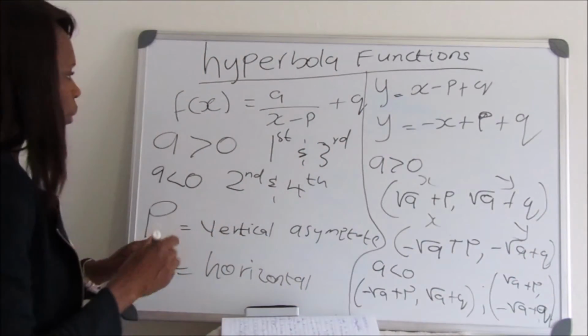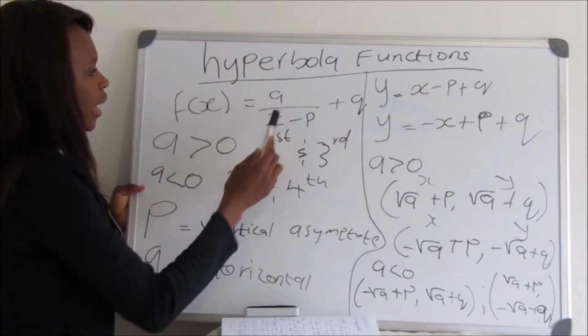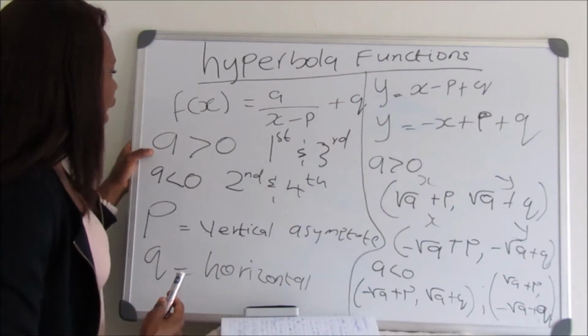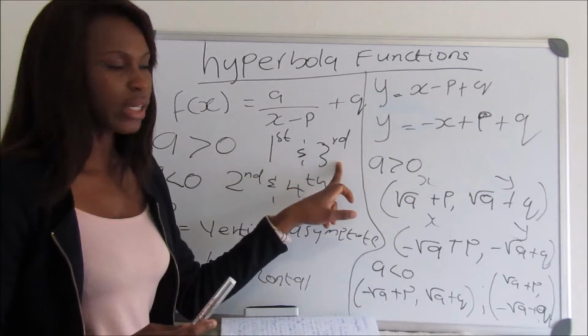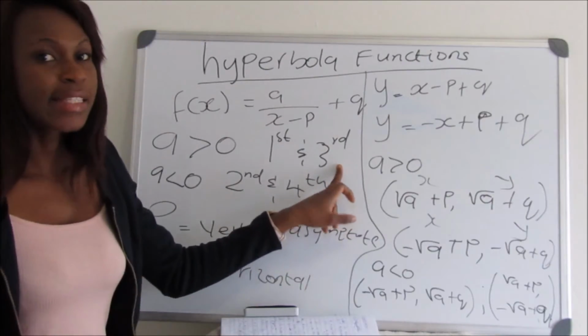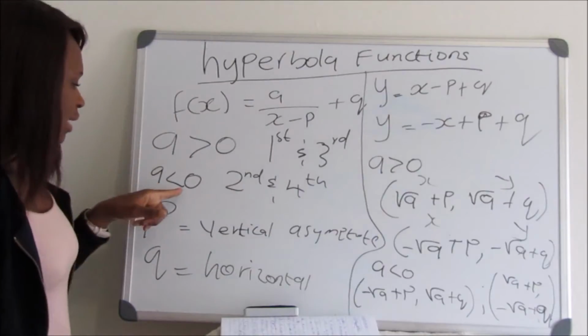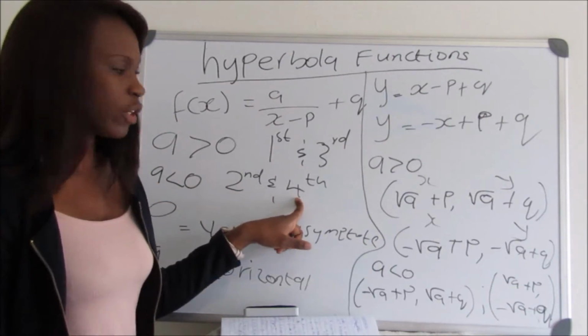Alright, so with the hyperbola function, the standard equation is y equals a divided by x minus p, plus q. If your a is greater than 0, the graph will lie in the first and the third quadrant. So where the graph will lie is determined by a. If your a is less than 0, the graph will lie in the second and the fourth quadrant.